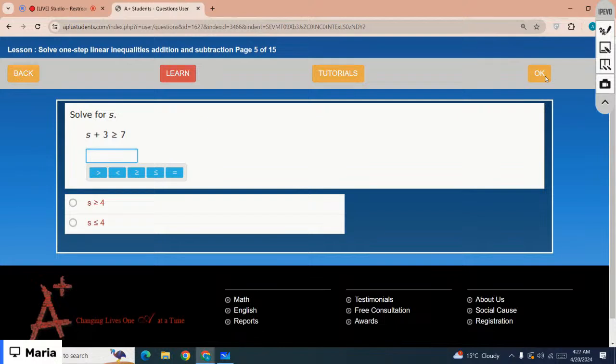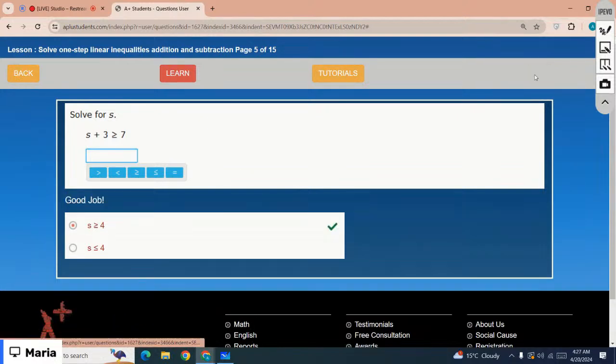S plus 3 is greater than or equal to 7, which is the correct option. X is greater than or equal to 4, option number 1 is the correct option.